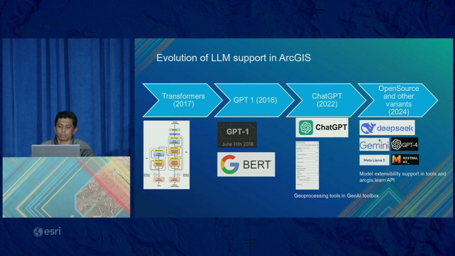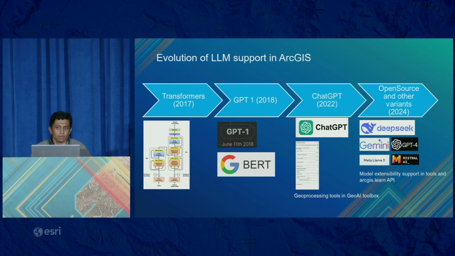There have been larger models and the open source variants of these models and the proprietary variants of these models. And we have established the support from within the ArcGIS tools and the API to access some of these models.